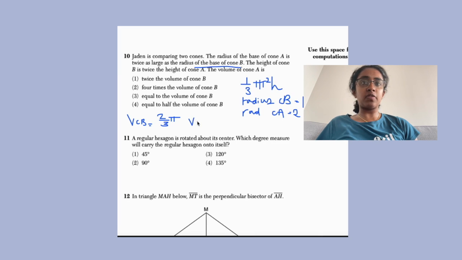So what is the volume of cone A? The radius of cone A is 2, so when you square that, it is 4, and the height is just 1, so it's 4/3 pi. The volume of cone A is twice the volume of cone B.